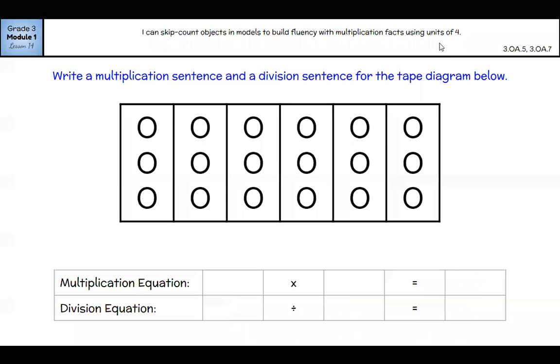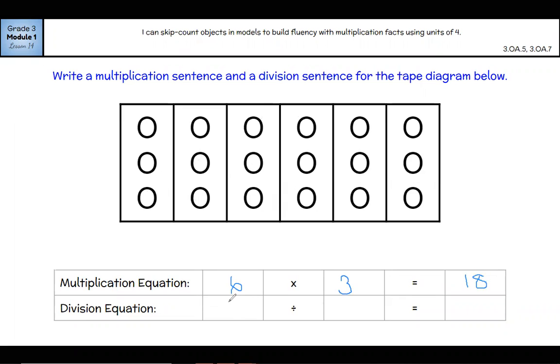Okay, same directions. 1, 2, 3, 4, 5, 6. 6 groups. 3 in each group. So when I count those by 3s, 3, 6, 9, 12, 15, 18. So I have 18 total.